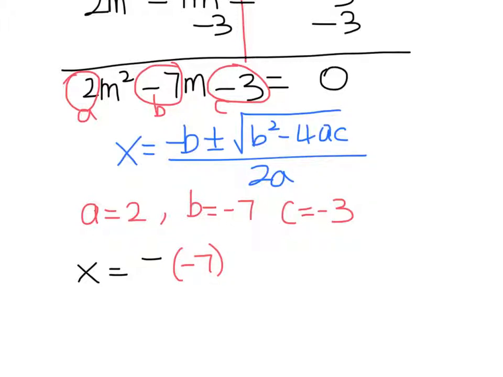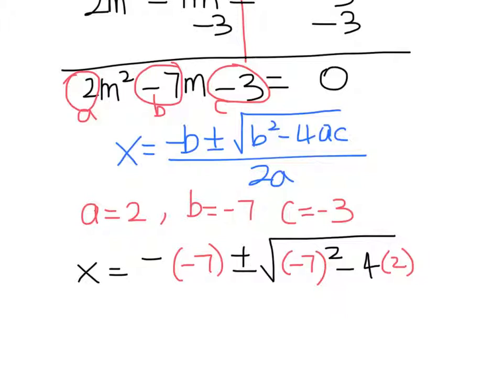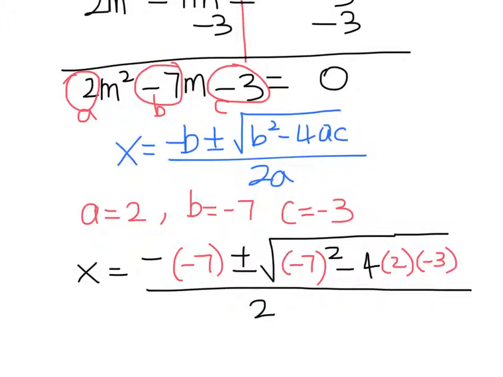Now let me continue copying the formula: plus or minus the square root of b, which is again negative 7 in parentheses, squared, minus 4, and then a in parentheses, and c is negative 3 in parentheses.